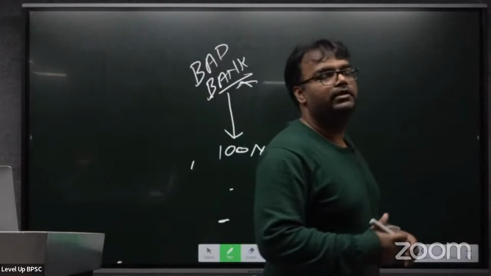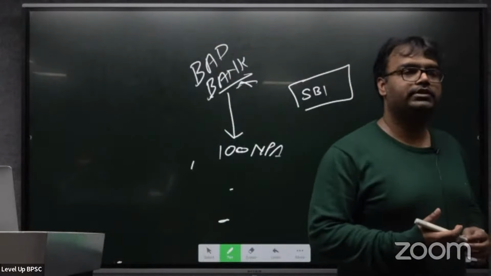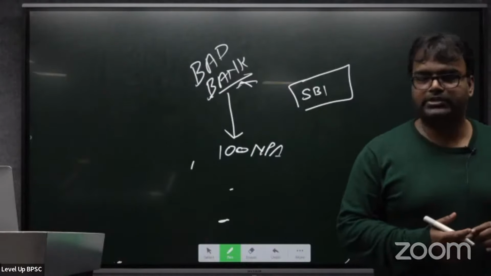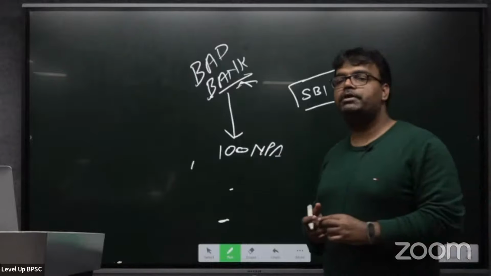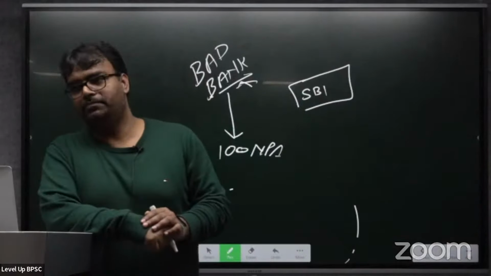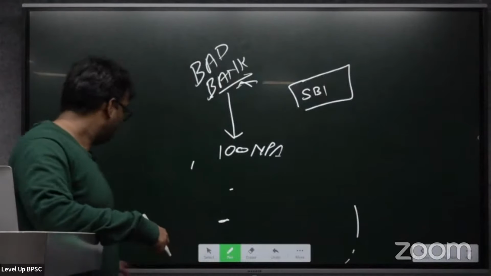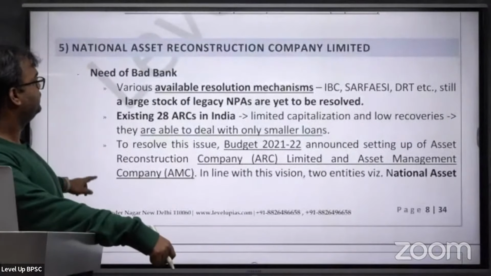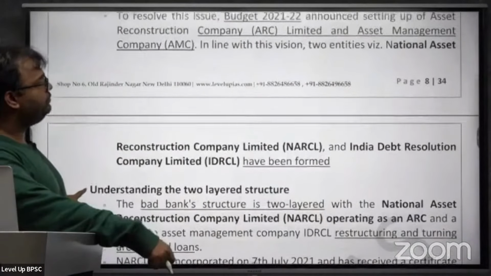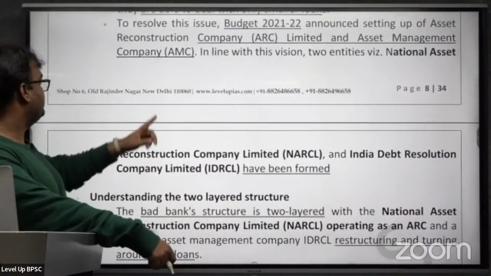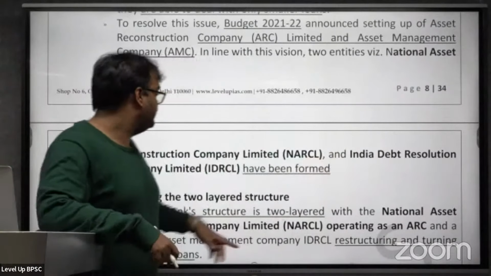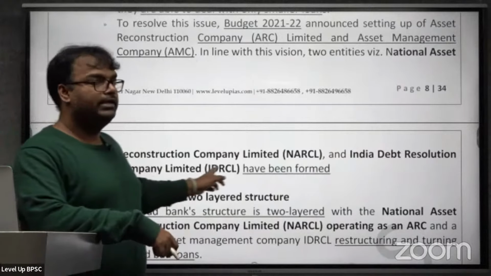This is something that was announced in budget 2021-22, that is last year's budget, and the government has created a bad bank for India. This bad bank has two components: National Asset Reconstruction Company Limited and India Debt Resolution Company Limited.